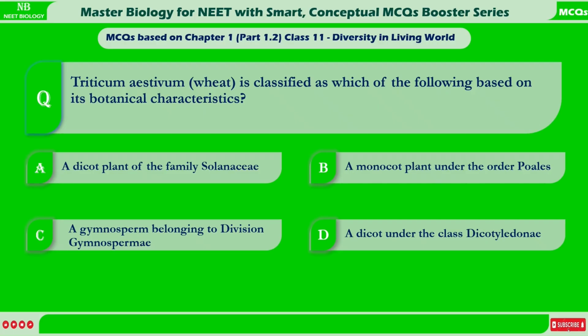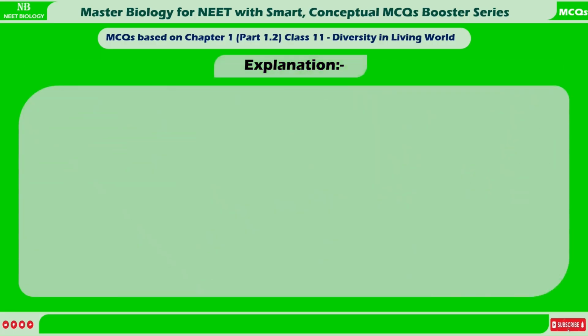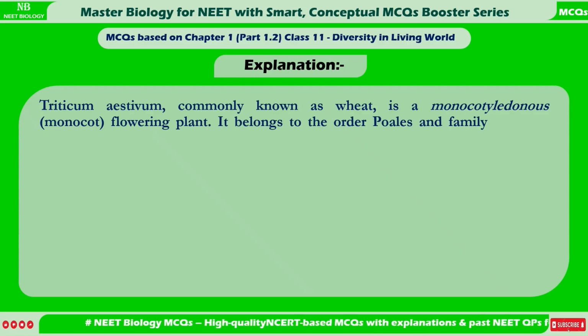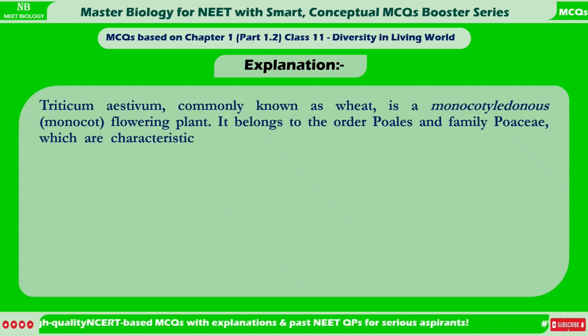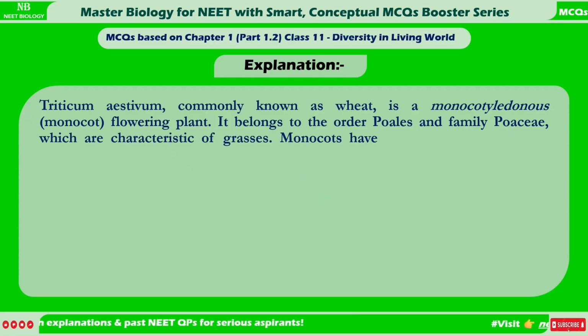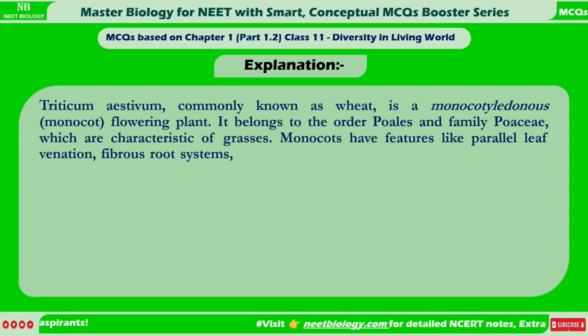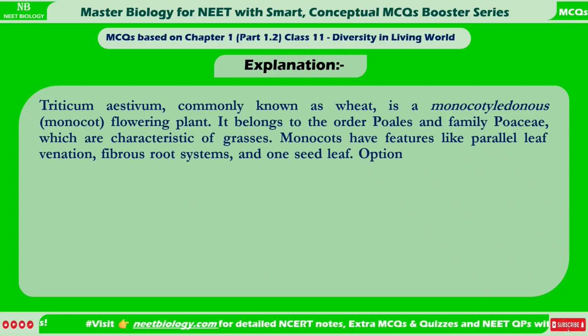Correct answer is B. A monocot plant under the order Poales. Explanation: Triticum aestivum, commonly known as wheat, is a monocotyledonous (monocot) flowering plant. It belongs to the order Poales and family Poaceae, which are characteristic of grasses. Monocots have features like parallel leaf venation, fibrous root systems, and one seed leaf.